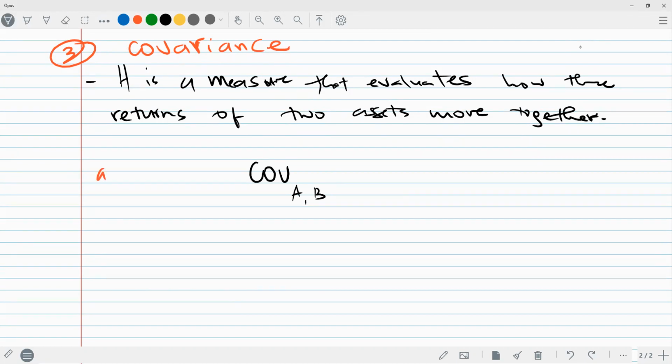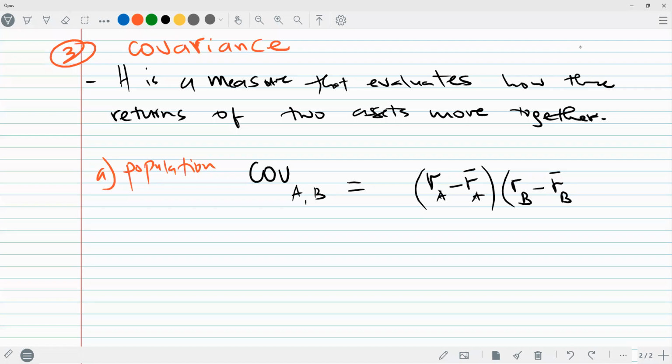If it is a population, then the covariance of A and B will be given as the return of A minus the mean return of A, multiplied by the deviation of the return of asset B minus the mean return of asset B, from the first outcome, i equal to 1, to the nth outcome. Since it's a population, we divide by n.